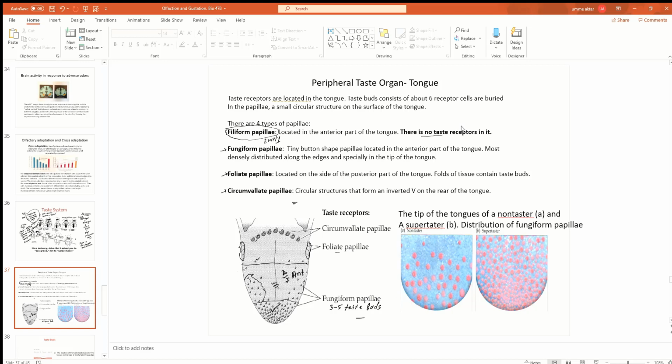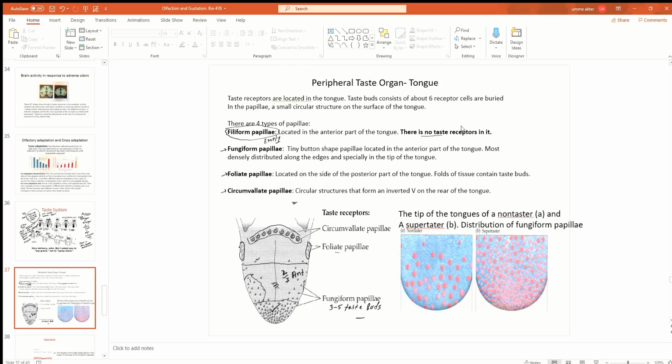And then on the dorsal back of the tongue, the upper surface, you have larger ones that look like the button of your shirt. They are called circumvallate papilla, and they form an inverted U or V shape in the back of the tongue. The size is much larger, and only a few circumvallate papilla are present on the tongue.